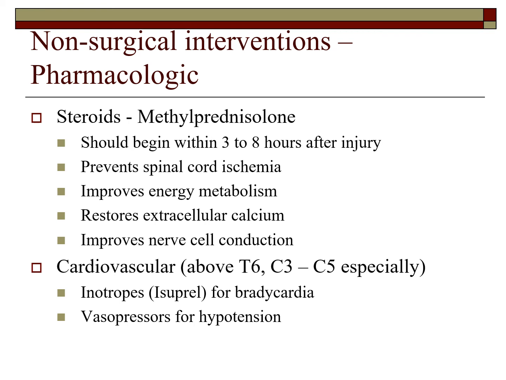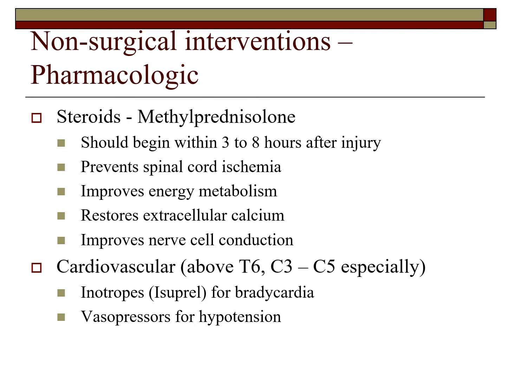We have a couple of non-surgical interventions for spinal cord injury. They do use steroids, and they try to use those fairly quickly. There are some places that are actually injecting this into the spinal column to get the steroid directly to the spinal injury. There are also some cardiovascular pharmacologic interventions.